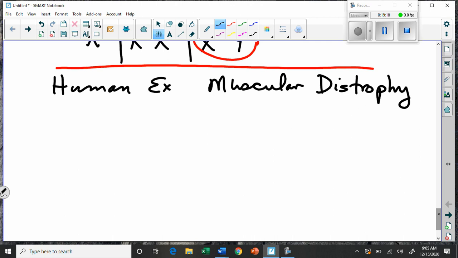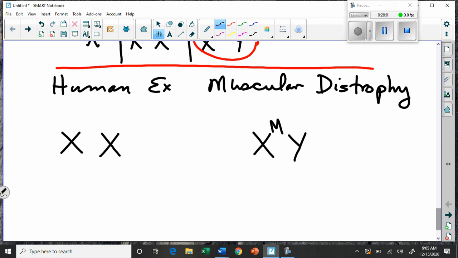So let's take a human, and let's say that we have a female, right? And we have a male. We'll put them here. Now let's say that the male has no history of muscular dystrophy in their family at all. None. Right? They would probably have the healthy, I'll use a capital M, for the regular or normal gene. I don't think it's a dominant gene for muscular dystrophy. Let's say the female we're not sure.